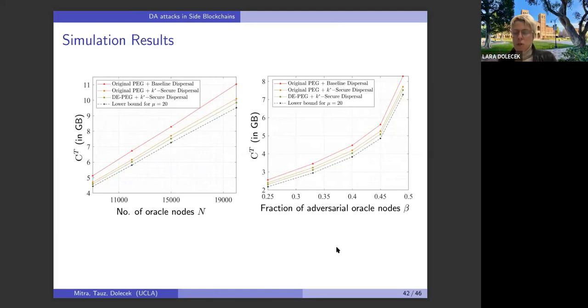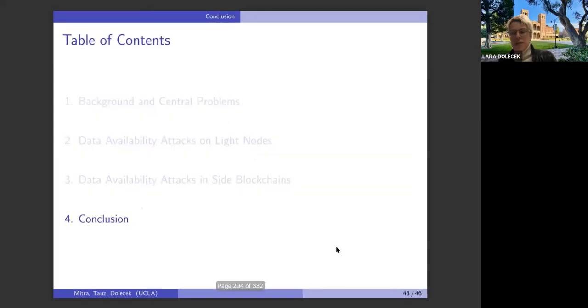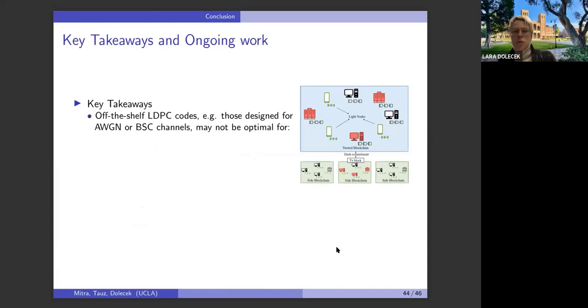So we stop just short of 0.5. And we have a reduction, as you can see, plots are monotonic and uniform. We have a reduction in the communication cost, both in terms of the different number of Oracle nodes as well as the adversary fractions. So I'm almost out of time, so I'm just going to go to the conclusion.